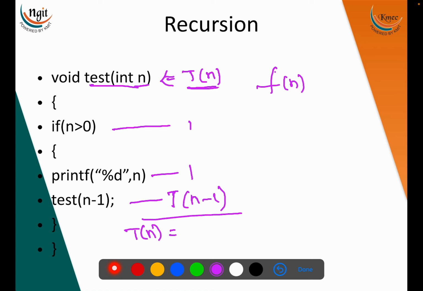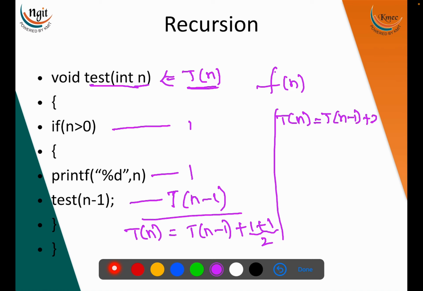That is equal to T of n minus 1 plus, if you add these, 1 plus 1, which is 2, correct? T of n is equal to T of n minus 1 plus 2. So this is constant time. It may be 2, it may be 1, it may be 3. It is constant time.